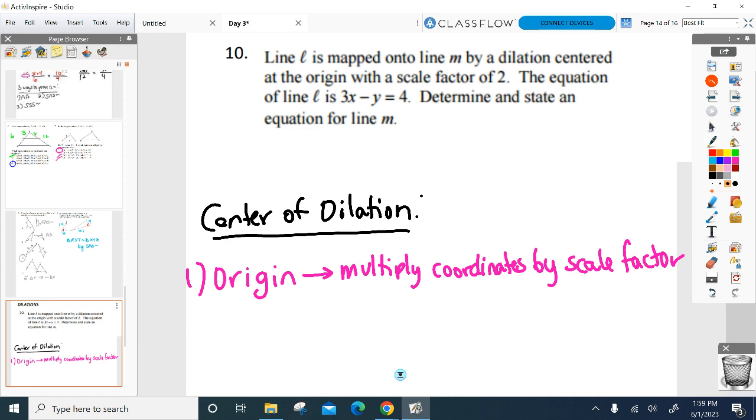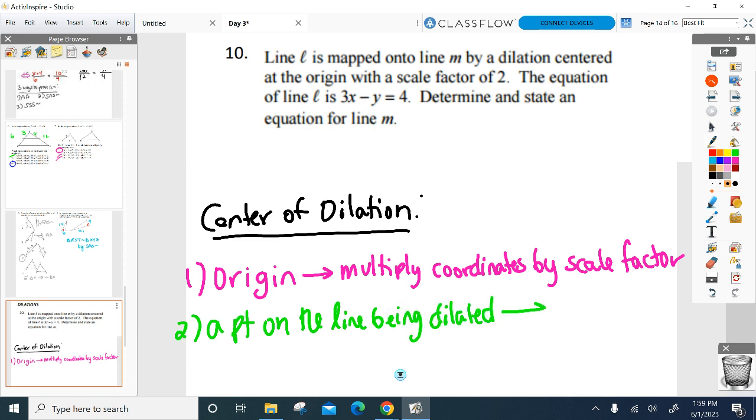Where's the other place you could dilate? Remember this. A point on the line being dilated. Who's going to dig deep and tell me what happens now? So I ask you to dilate a line, but the point I want you to dilate around is already on the line.